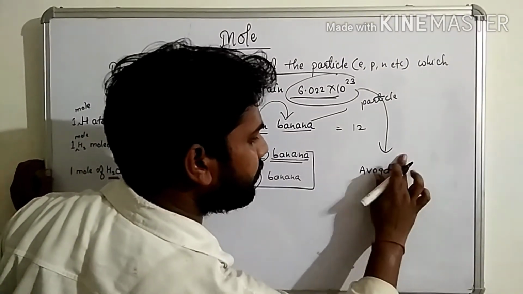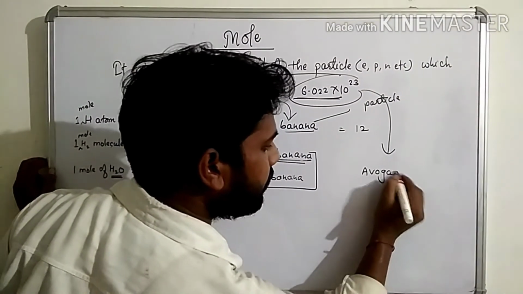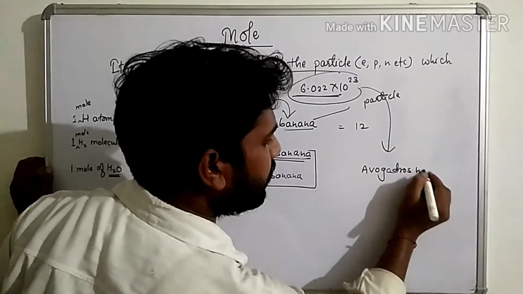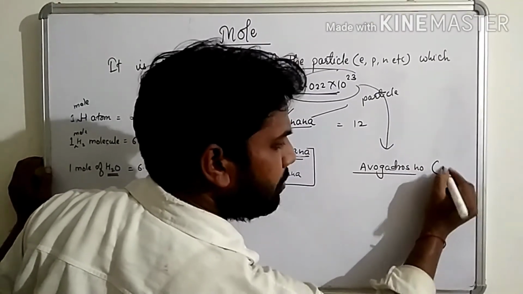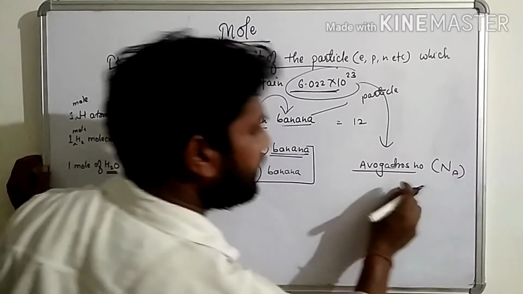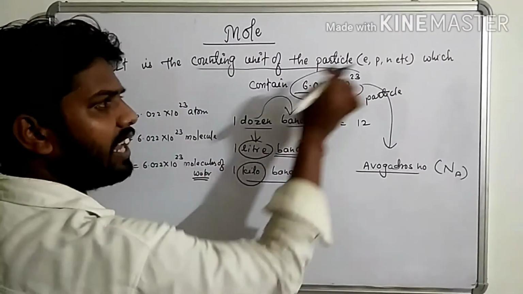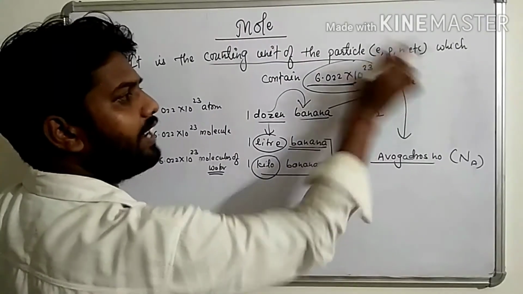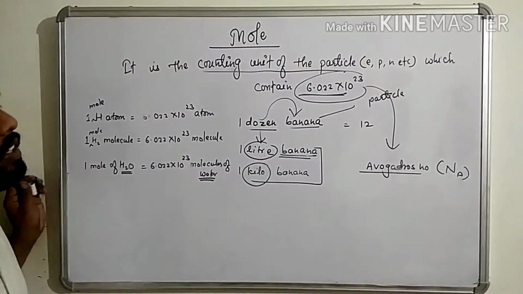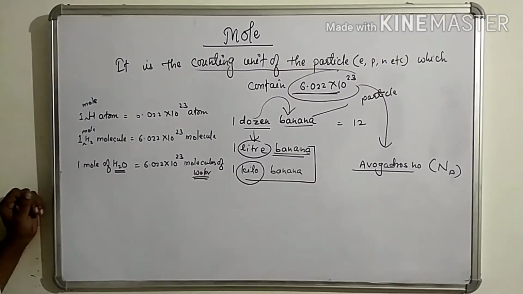Avogadro's number, which is represented by Na. This is the constant value for each particle like electron, proton and neutron. Okay, children?